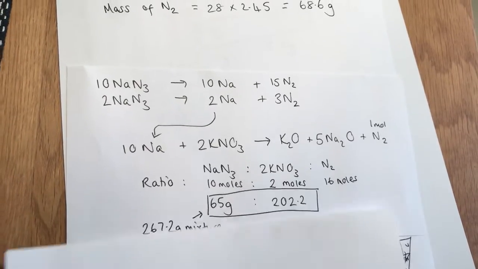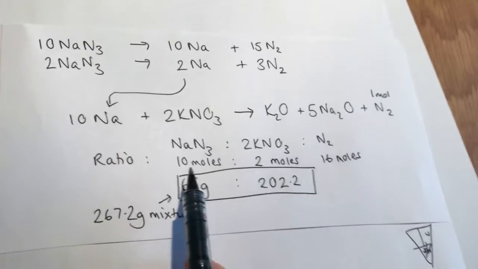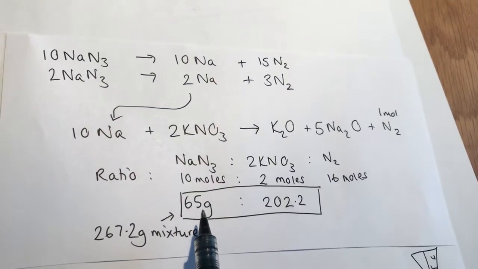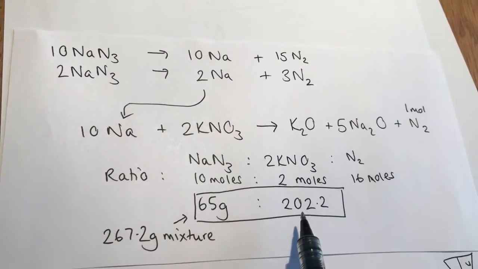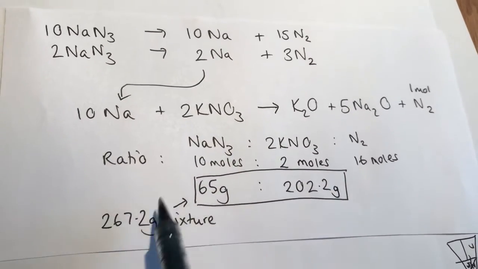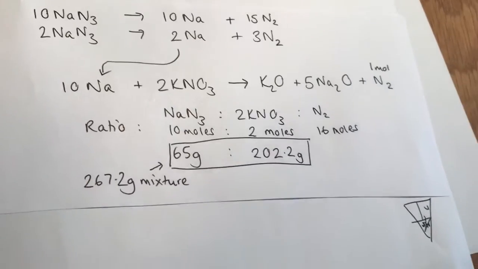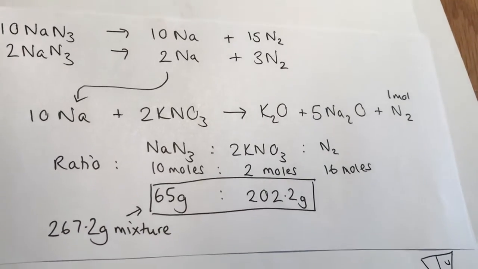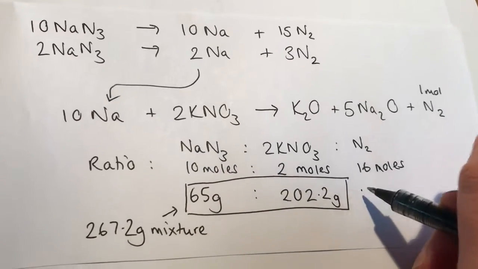Earlier we worked out 10 moles of sodium azide had a mass of 65 grams, and 2 moles of potassium nitrate has a mass of 202.2 grams. So together, that mixture was 267.2 grams.